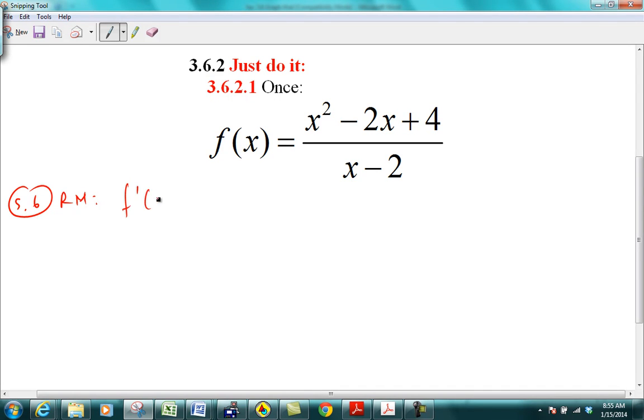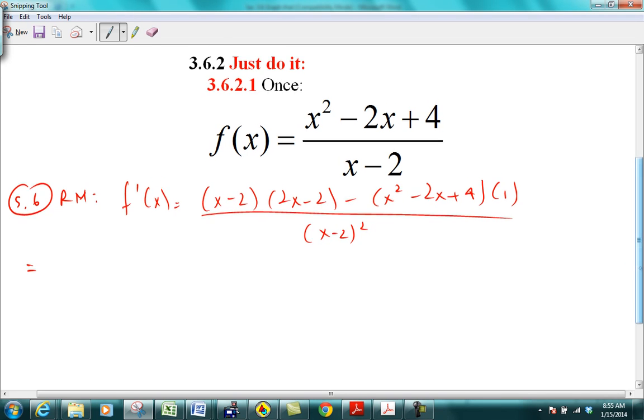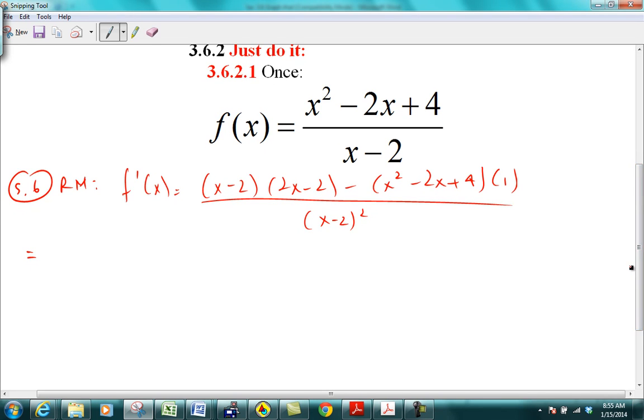So find the derivative. You get keep the bottom, differentiate the top, minus keep the top, differentiate the bottom, which is just 1, all over the bottom squared. Okay. And since we need to find critical numbers of this, let's go ahead and simplify.